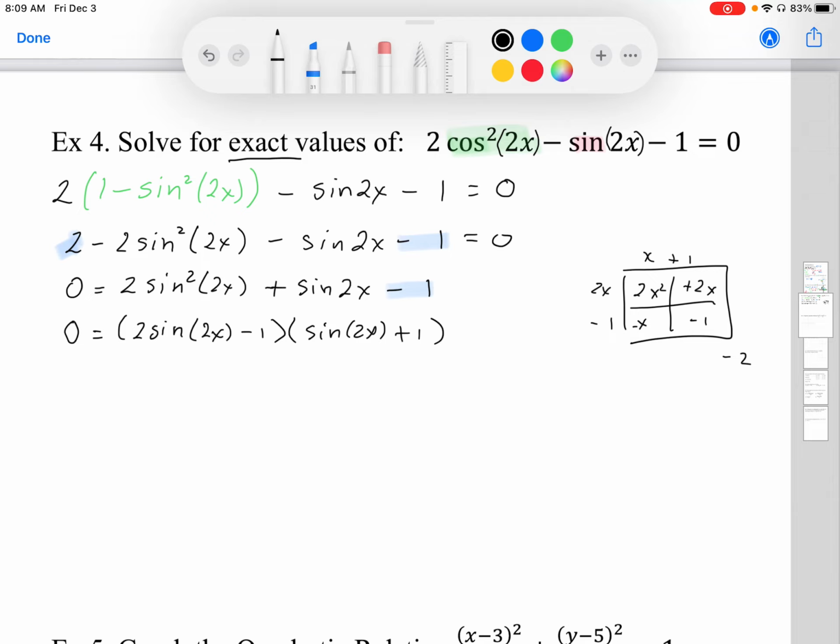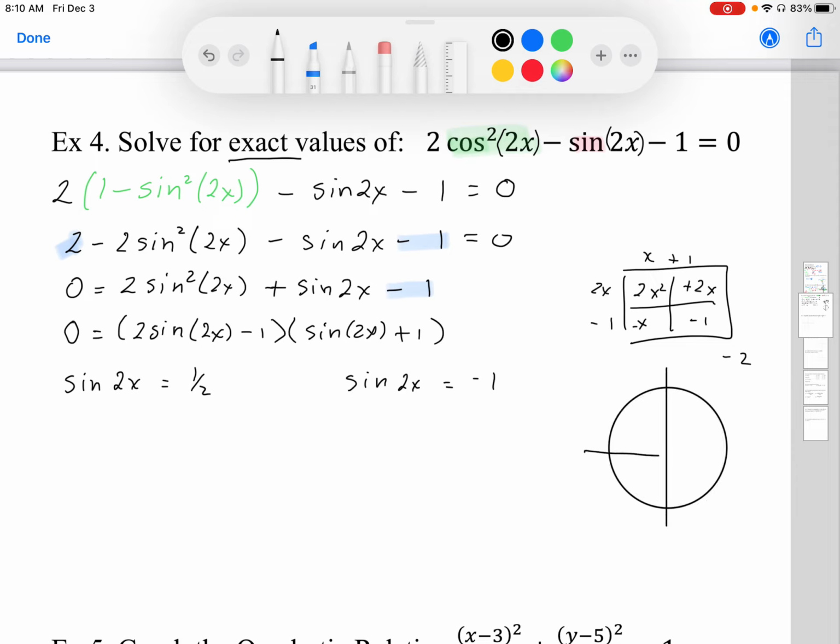So solving for sine, we know that sine 2x is equal to positive 1/2. Here we have sine 2x is equal to negative 1. So looking on my circle, I know that sine is equal to positive 1/2. That is a 30-degree angle.